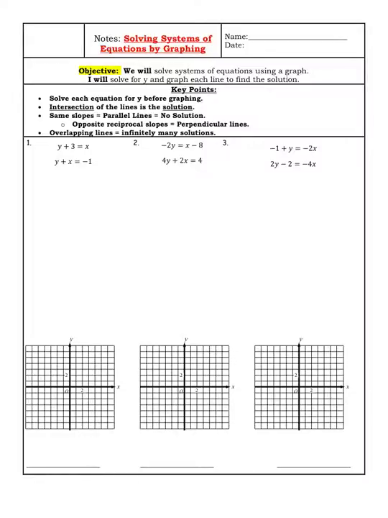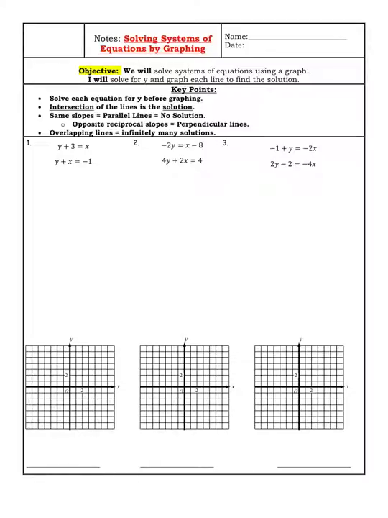Some things to point out is that if you have two lines with the same slope, they'll be parallel lines, okay? So there'll be no solution, because they'll never intersect.